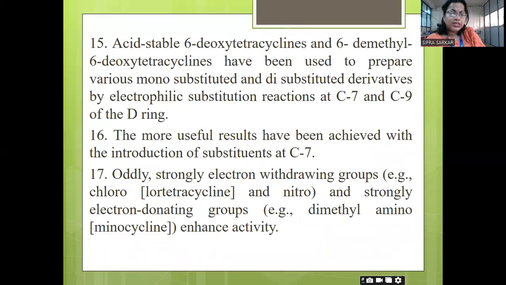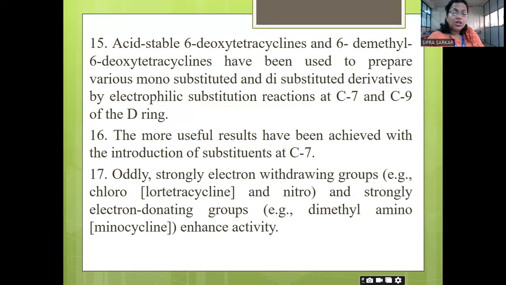6-deoxytetracycline and 6-demethyl-6-deoxytetracycline have been used to prepare various monosubstituted and disubstituted derivatives by electrophilic substitution reactions at C7 and C9 of the ring. That means these have been used to prepare various substituted derivatives by electrophilic substitution at the C7 and C9 positions. So at the C7 and C9 positions, if there are different electrophilic substitutions, there will be formation of different drugs.